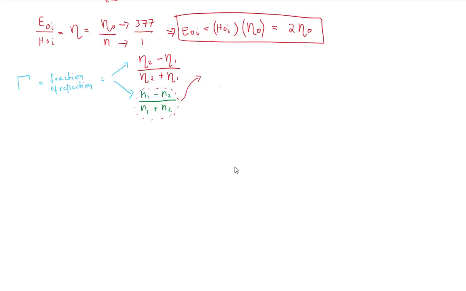This is what we're going to use. If you use the top one, either way, you'll arrive at the same answer. So n1, or air, is just going to be 1, minus n2, which is given as 1.5, over 1 plus 1.5. And that just comes out as negative 0.2. That's for our gamma.